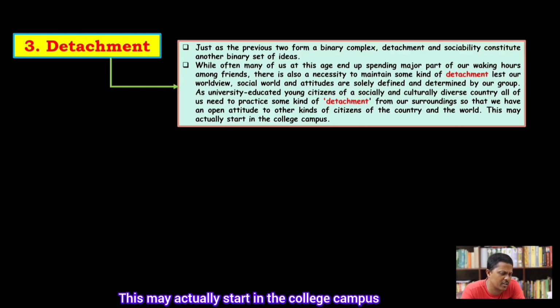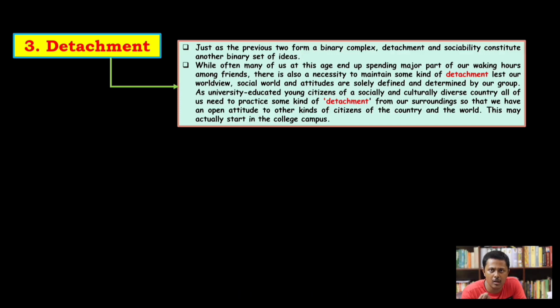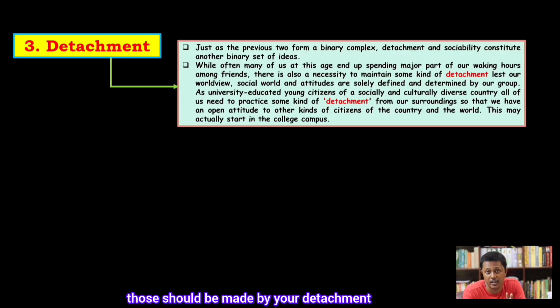This may actually start in the college campus. So you should maintain a detachment so that you will have your own idea, your own concept. Those should be made by, or through, your detachment.